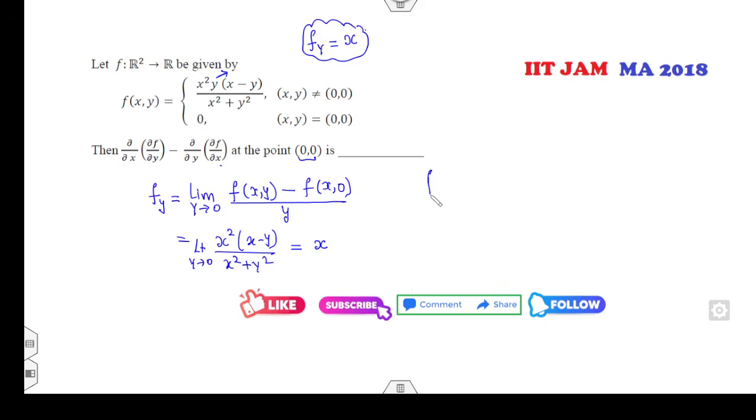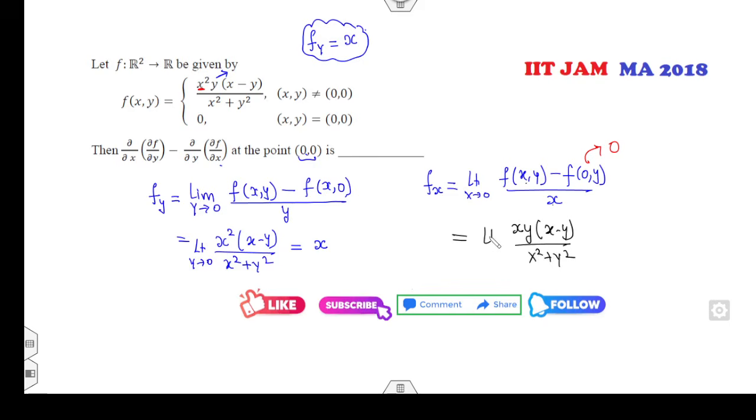Similarly, the partial derivative with respect to x, limit x approaches 0, because at the point 0, 0 it is f of x comma y minus f of 0 comma y divided by x. Again that quantity will be 0, because whenever x is 0 you can substitute x comma y divided by x, one x will cancel, so it's xy into x minus y over x square plus y square, as limit x approaches 0 it is 0.